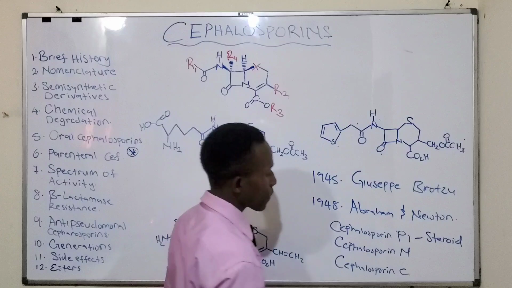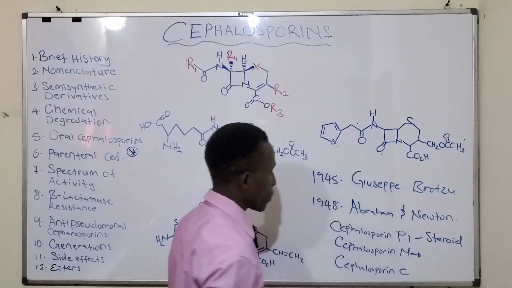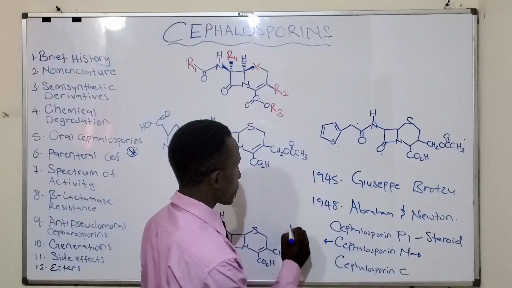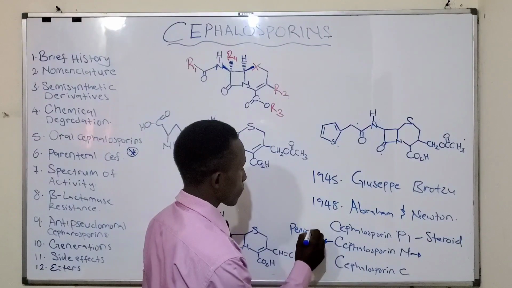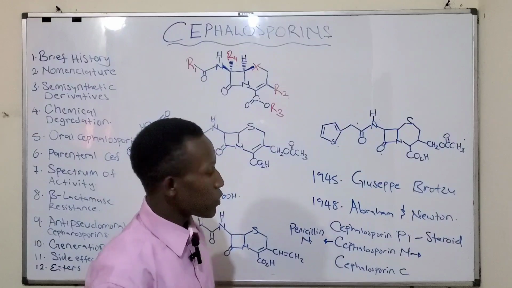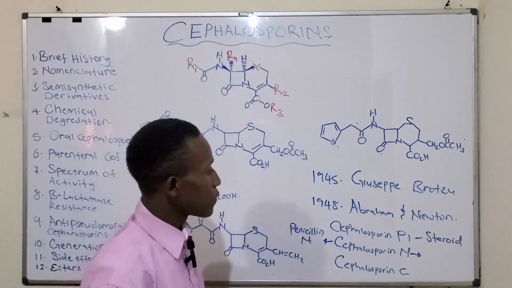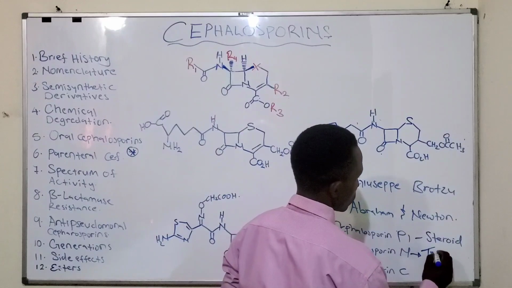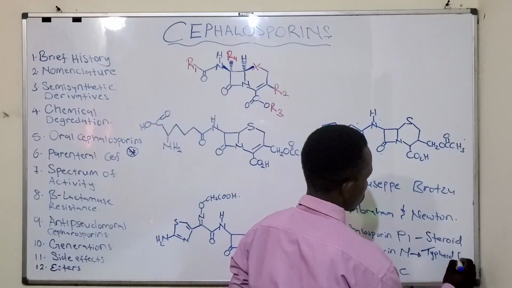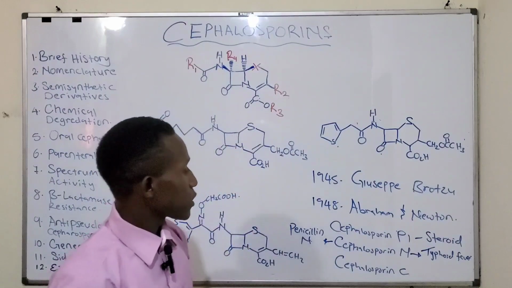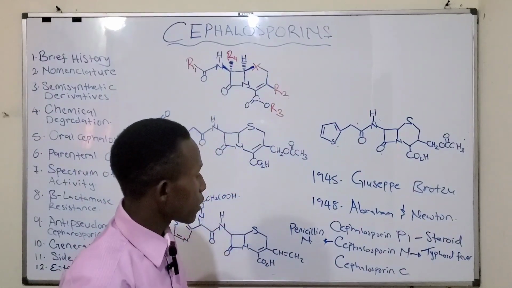Then cephalosporin N, which was identified later to be identical to penicillin N, has been used in clinical trials for treatment of typhoid fever. But it wasn't approved as a drug.